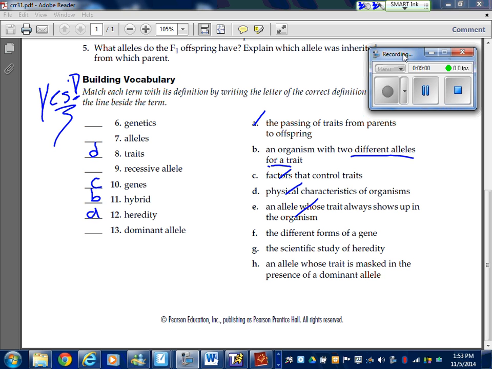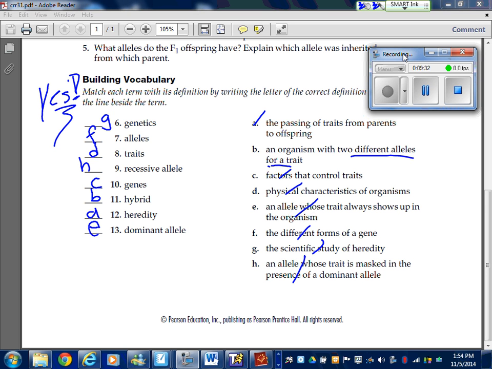An allele whose trait always shows up if that allele is present: dominant. The different forms of a gene: alleles. That's just tricky. The different forms of a gene, and they give it a name you've never heard of before. The scientific study of heredity is genetics. And last of all, it's masked, if you don't have two of them, would be recessive.